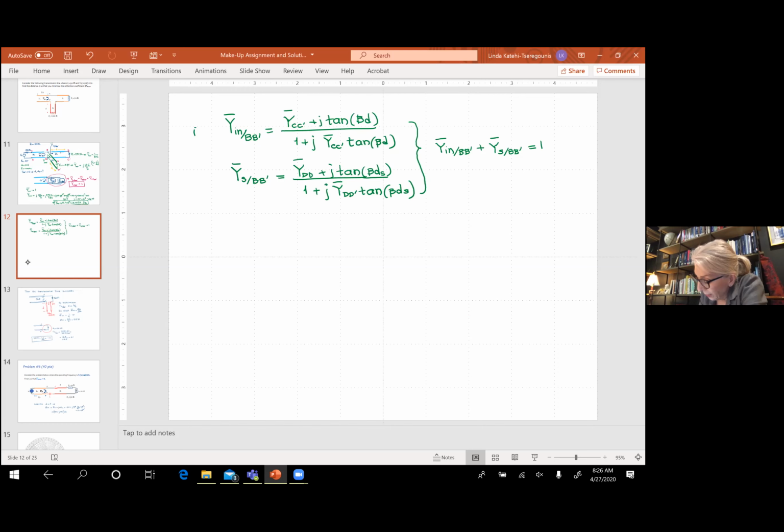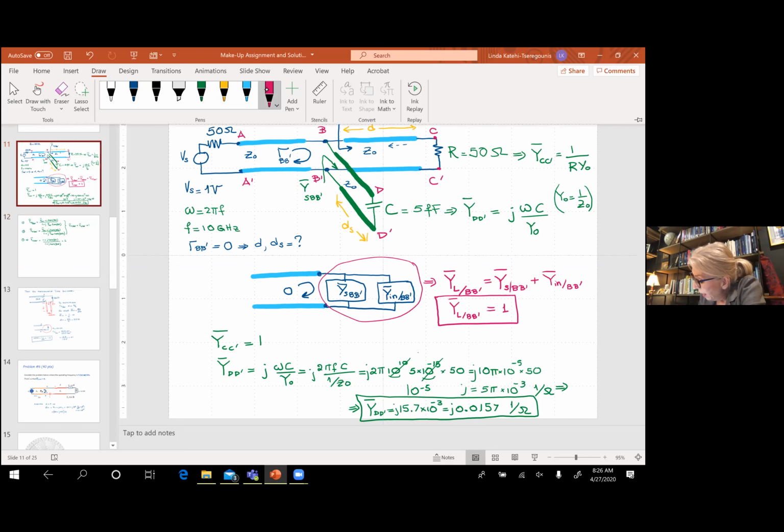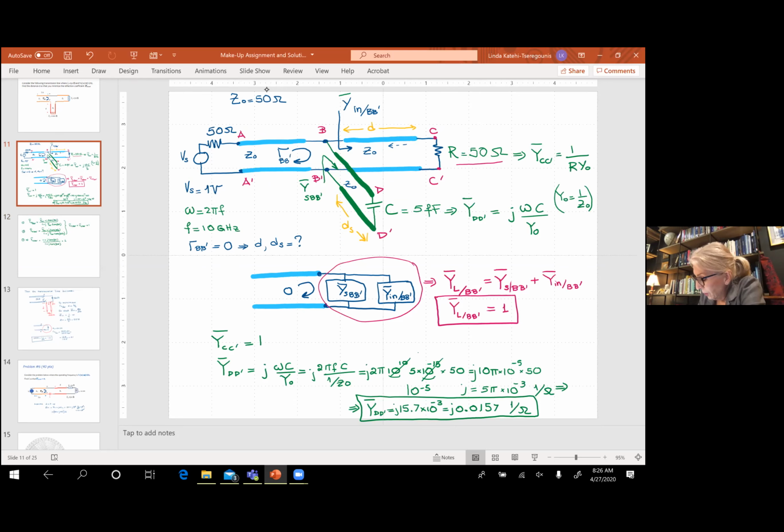So from the first one, 1 here gives us that y input BB prime equals 1 plus J tangent BD over 1 plus J tangent BD, which is something that we should have stated from the beginning, because when R is equal to 50 ohms, then the reflection coefficient at any point on this line is what?